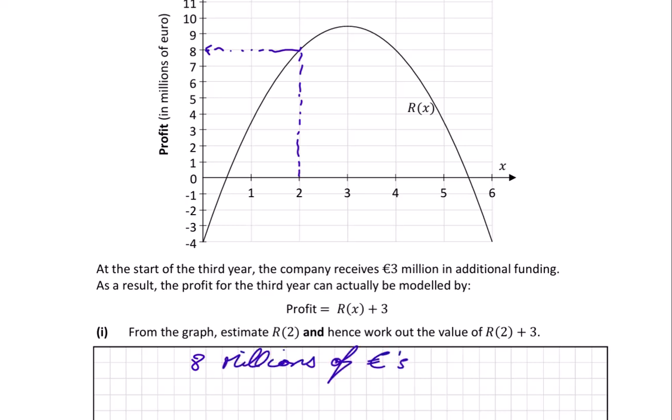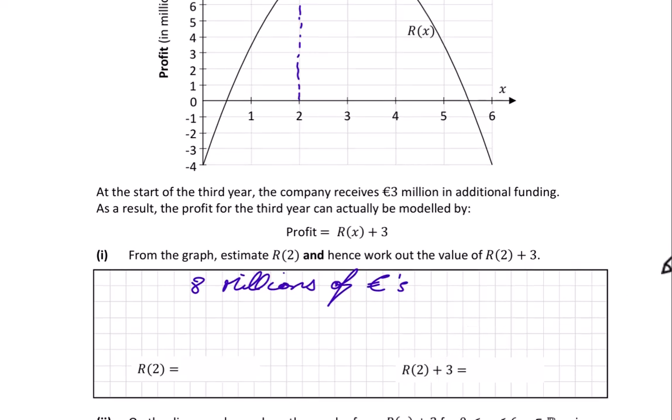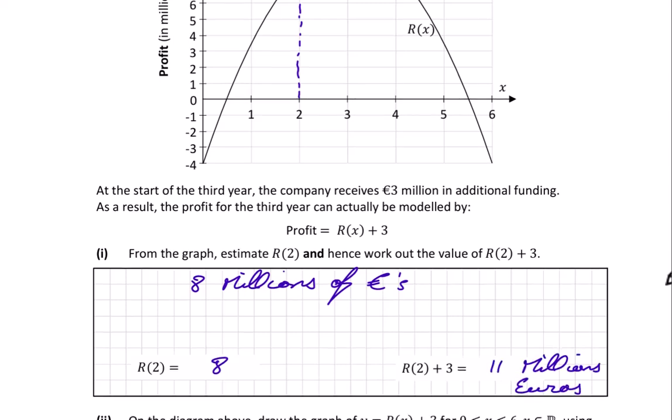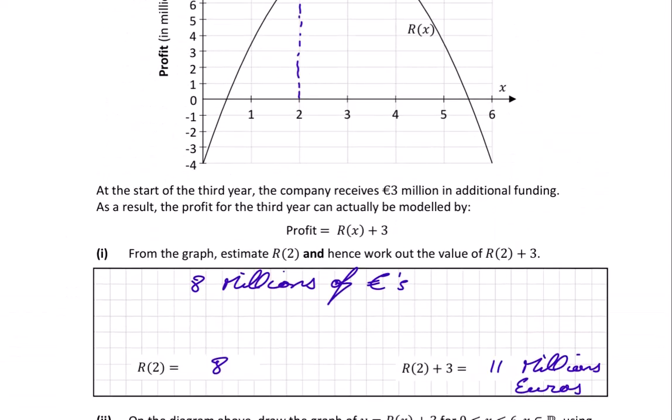Okay, and then it says hence work out the value of R of 2 plus 3. So we have 8 here, in millions of euros, and then R of 2 plus 3 is just going to be 11 million euros. You just add 3. Okay, the last question then is, on the diagram above, draw the graph of y equal to R of x plus 3 for x between 0 and 6 using the same axes and scales.